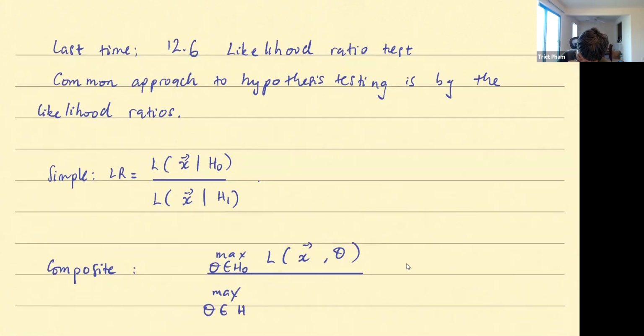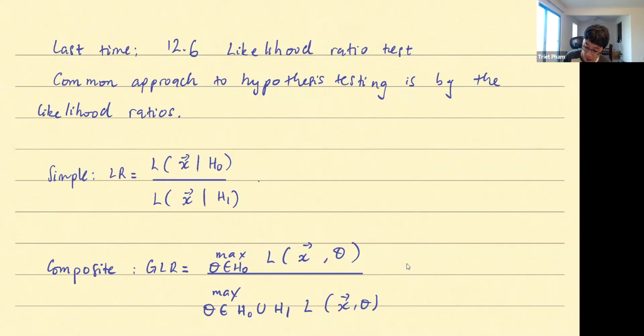Similarly, you take the max, but here there's a slight difference. Under both hypotheses, like this, and we call this the generalized likelihood ratio. One thing to remember is that these two are more or less the same; the key idea is the same.